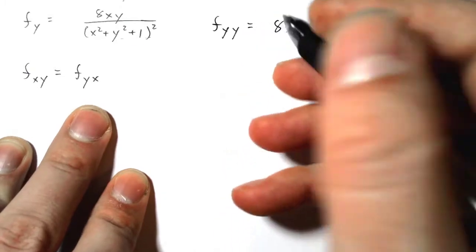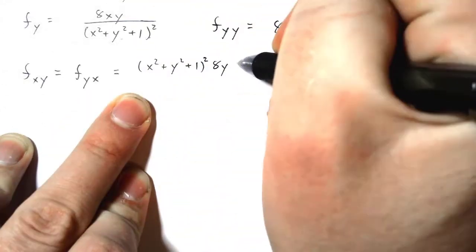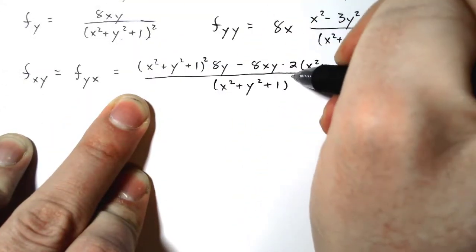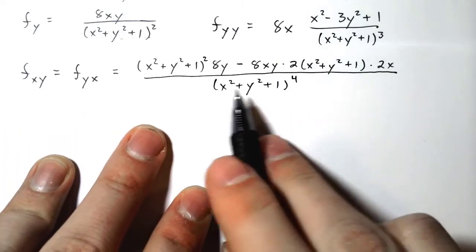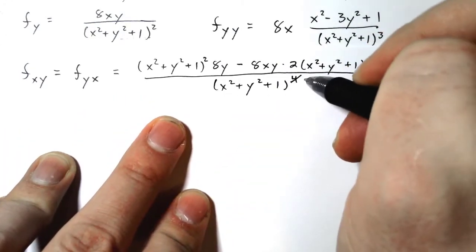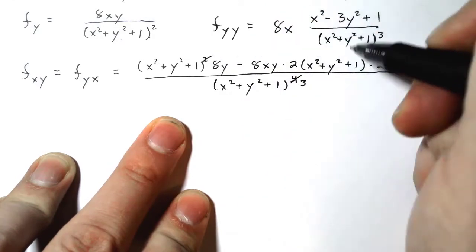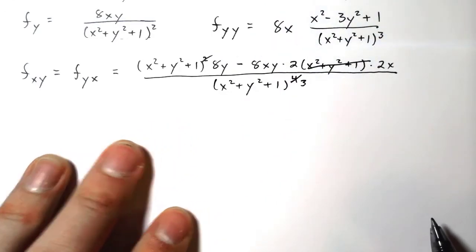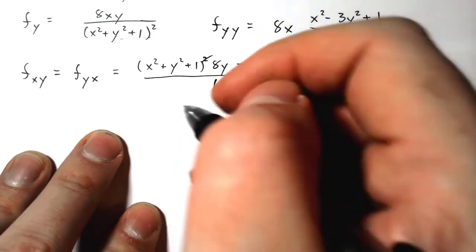All right, so I'll use the quotient rule here. And like before, we see that x squared plus y squared plus 1 is a factor, so we can cancel it out here, here, and here. Okay, so let's simplify what we have here.